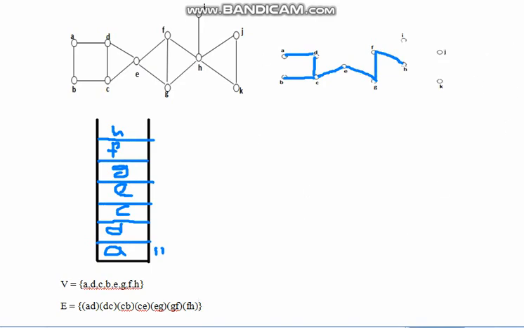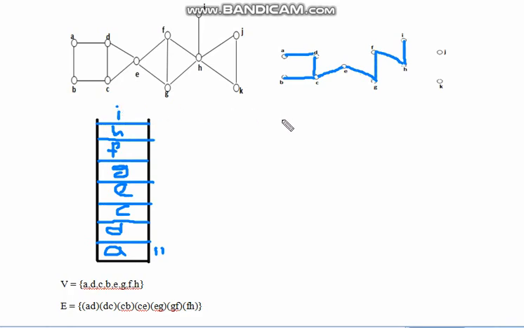Then from H I have H to I, H to J, and H to K. I am choosing H to I, so I visit the new vertex I and push I onto the stack.